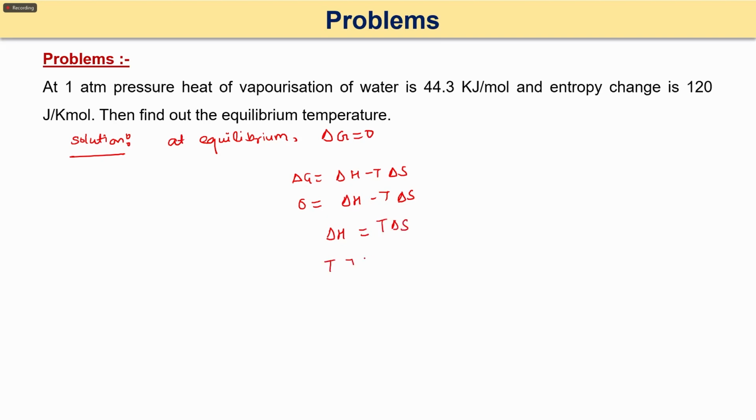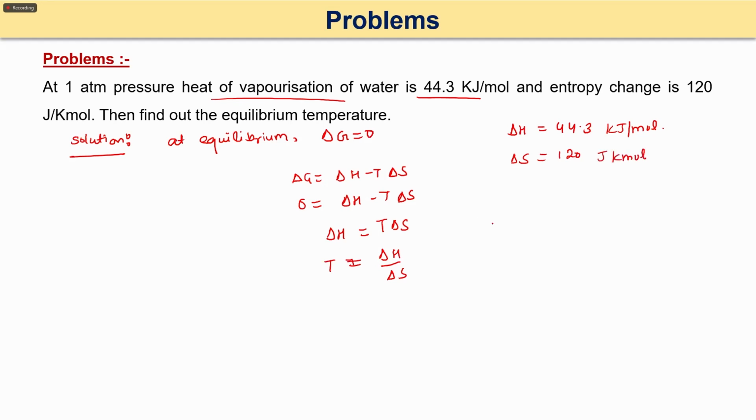So T will become equal to delta H by delta S. Delta H is given, that is the heat of vaporization of water, 44.3 kilojoule per mole. And your delta S, that is your entropy change, is given as 120 joule per Kelvin per mole.